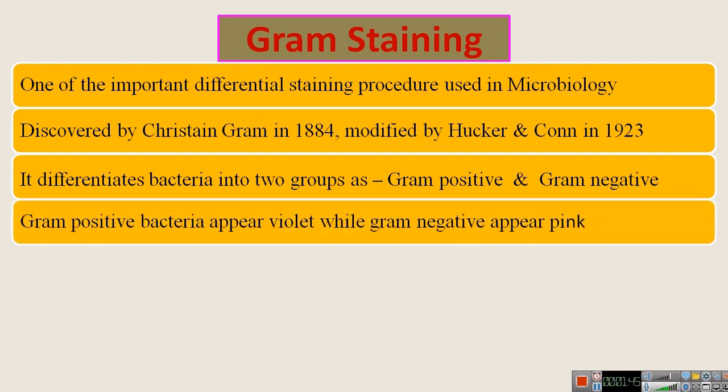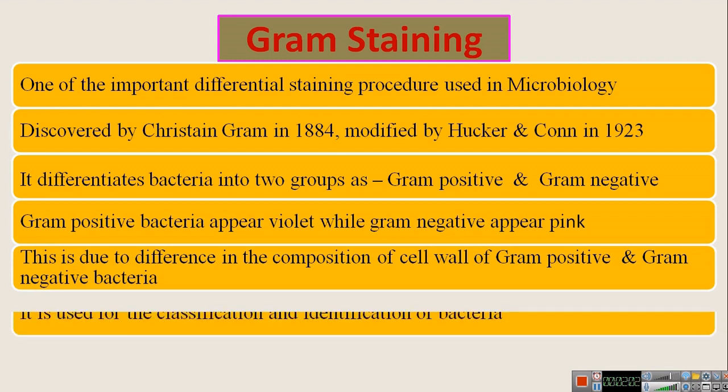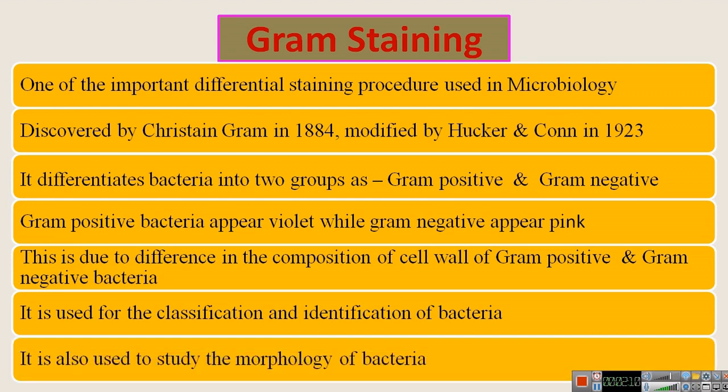The Gram-positive bacteria appear violet in color, while Gram-negative bacteria appear pink in color after this staining procedure. This difference is mainly due to the difference in the composition of the cell wall of Gram-positive and Gram-negative bacteria. This staining procedure is mainly used for classification as well as for the identification of bacteria, and it is also used to study the morphology of the bacteria.